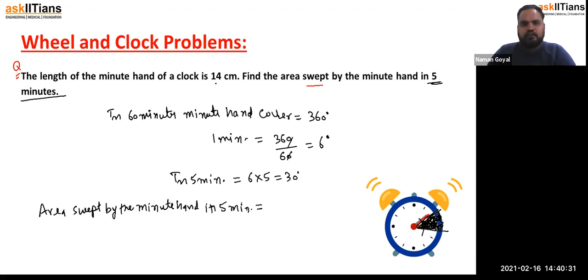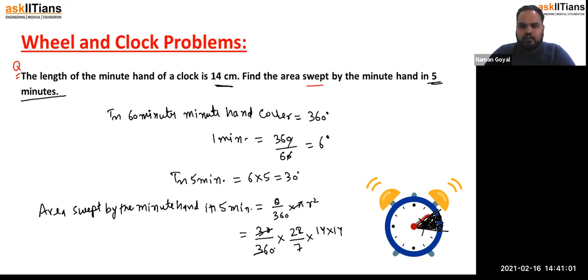So theta is 30, so 30 upon 360 into pi, which we can take as 22 by 7, into r squared, which is 14 squared, that is, 14 into 14.